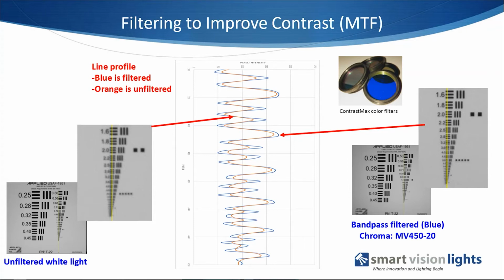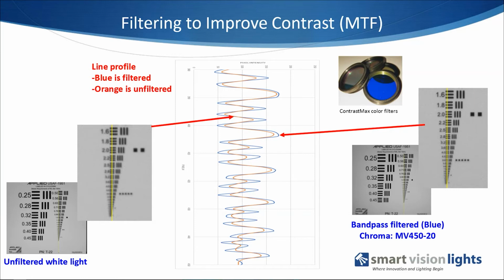If you look at the same images on the far right here, with the bandpass, this is the same chart, same light source, but filtered through the blue Chroma MV450-20 filter, and the 20 is the bandwidth, which is 20 nanometers. So this is a very narrow band blue. We're letting only the blue wavelengths through.